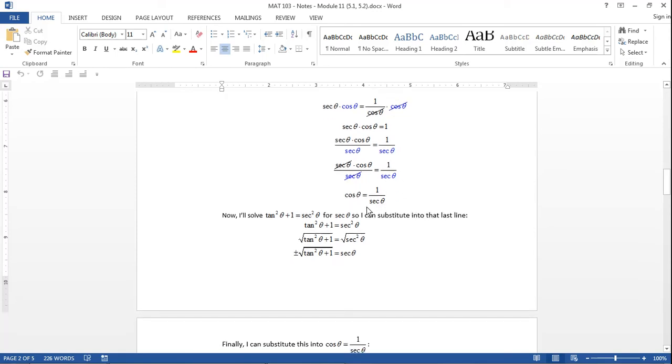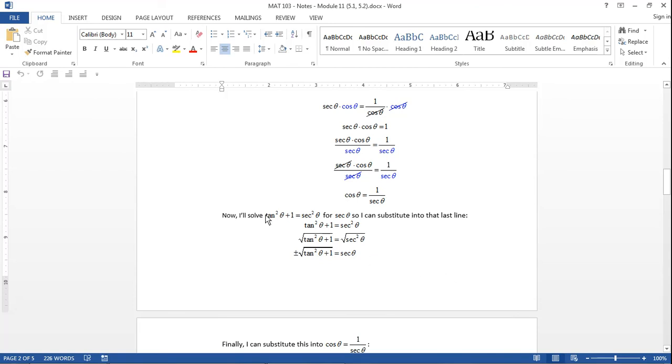Since I've got this expression involving secant, if I can solve my other identity for secant, I can plug that in. Secant has to equal this. I've already got it done here, so I'll just say it. I can say this secant here, down in the denominator of my fraction, equals plus or minus the square root of tangent squared theta plus 1. So when I plug that in right there, now I've got cosine in terms of just tangent.